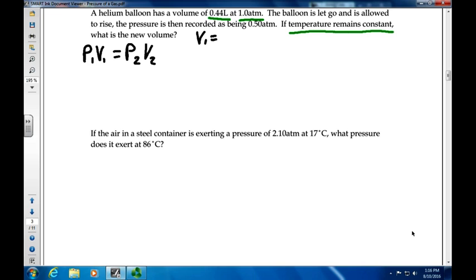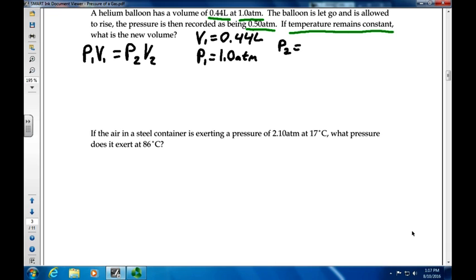V1 is equal to 0.44 liters. P1 is equal to 1.0 atmospheres. And then we're also given our final pressure, what I will call P2.